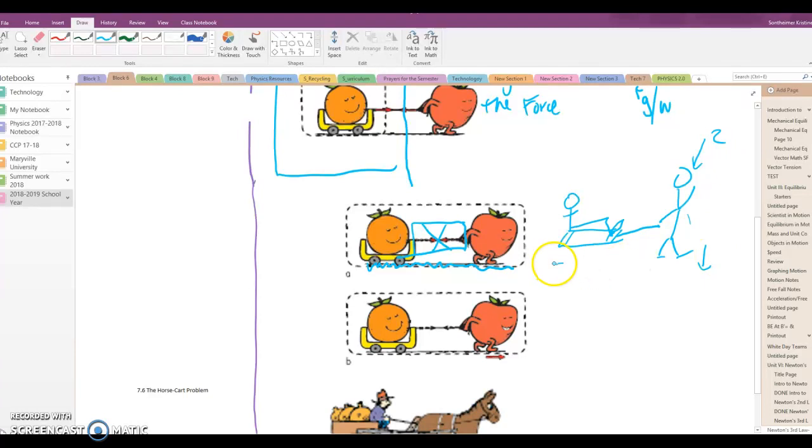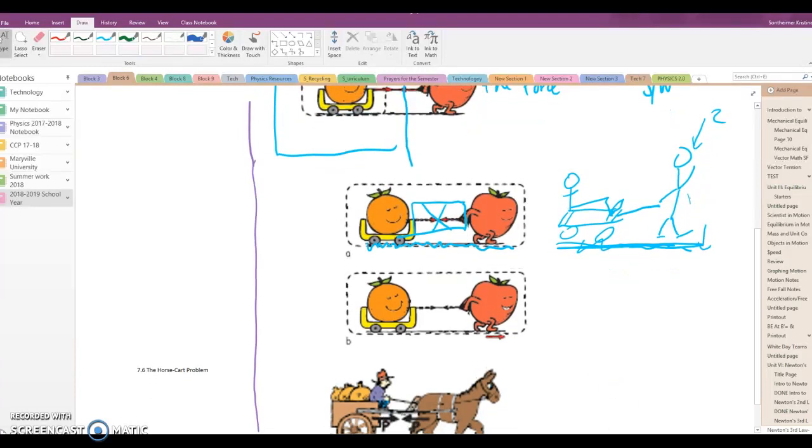If there was no ground to pull on, neither of you would move. You would stand stationary in place. So this is why these two forces actually cancel out.